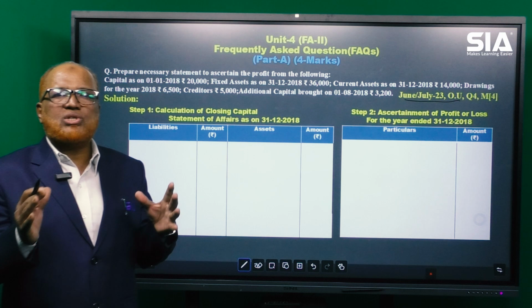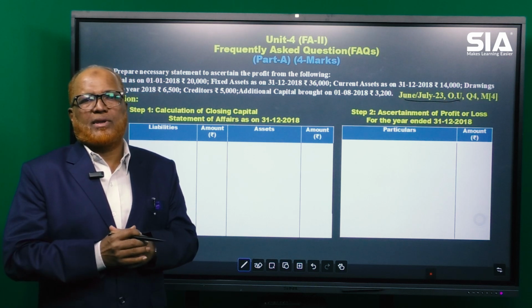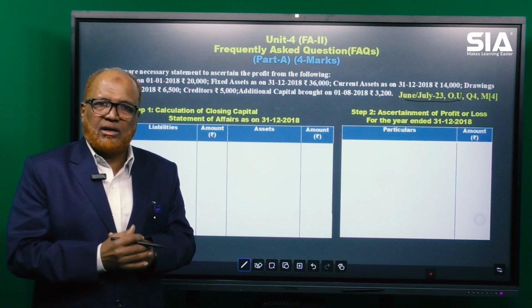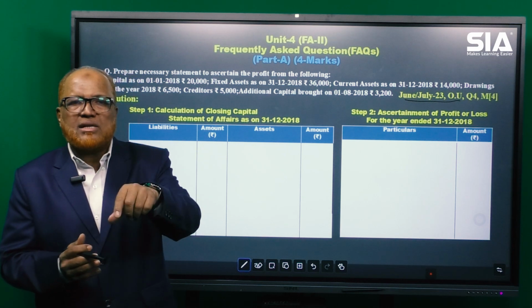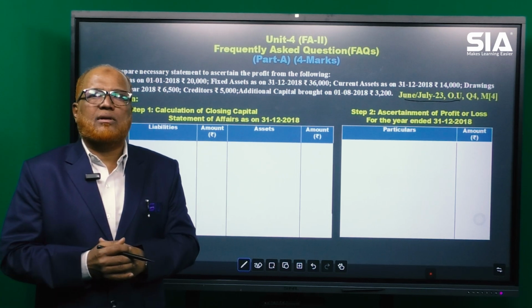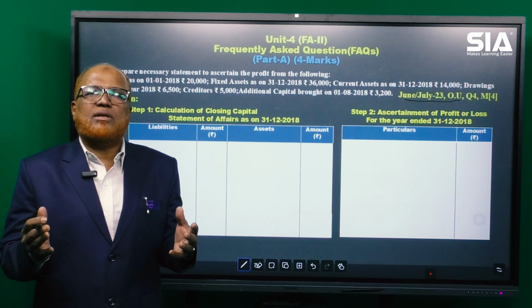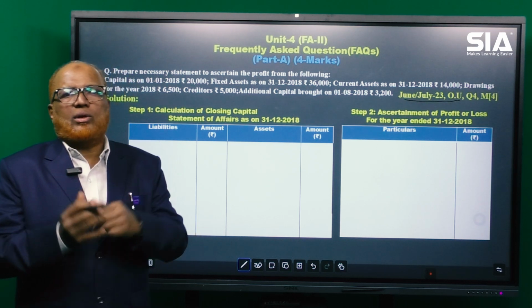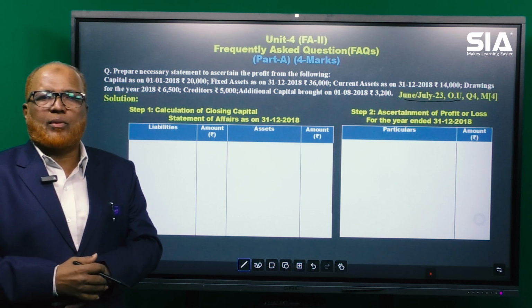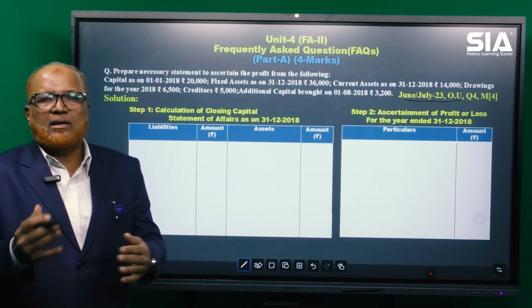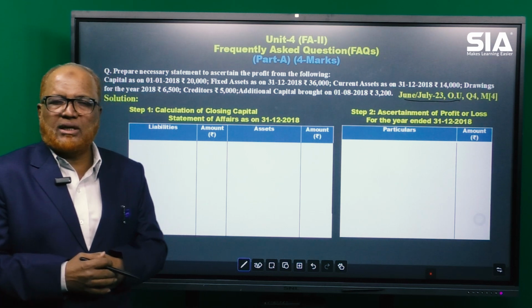Statement of affairs is just like a balance sheet, where we take the assets and liabilities to find out the capital. Assets minus liabilities is equal to capital. So we ascertain the capital at the end of the year. After finding out capital at the end of the year, we can prepare a statement of profit or loss to find out how much profit we have earned during the year.